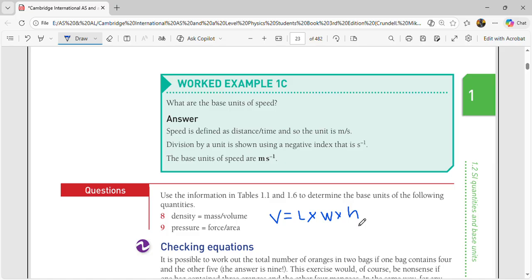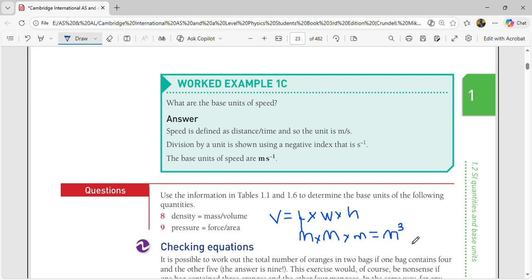To get the derived unit for volume, length is meter, width is meter, and height is meter.